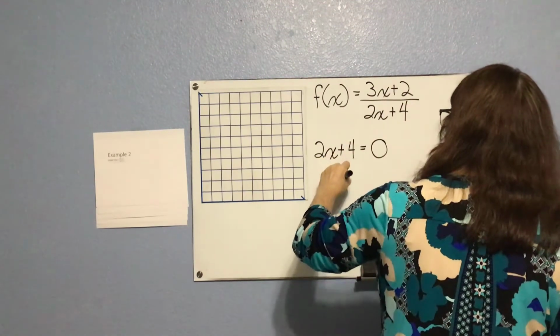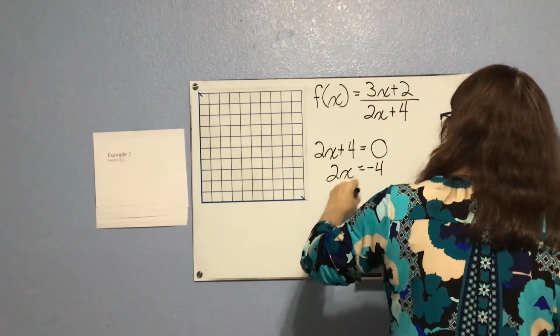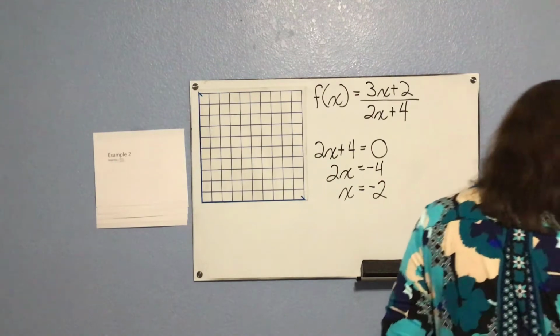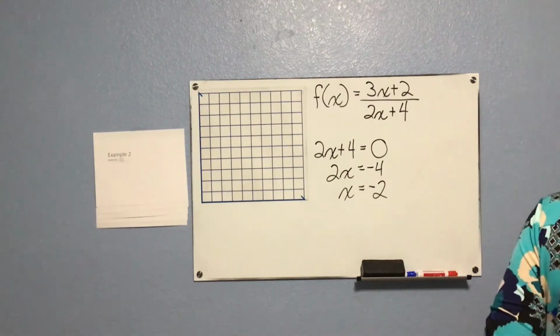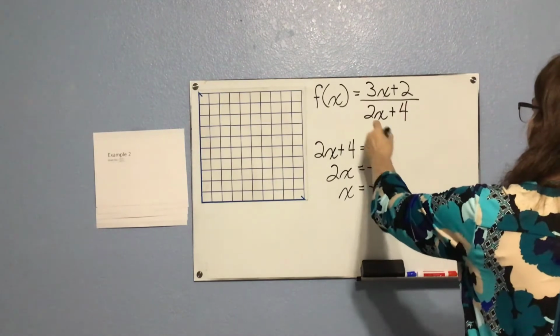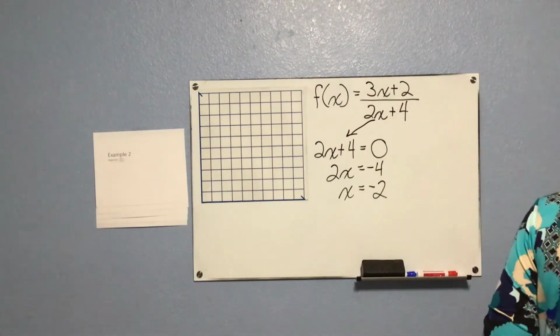That means that 2x equals negative 4, and x would equal negative 2. So that's going to be our vertical asymptote. And we always find the vertical asymptote by setting the denominator equal to 0.